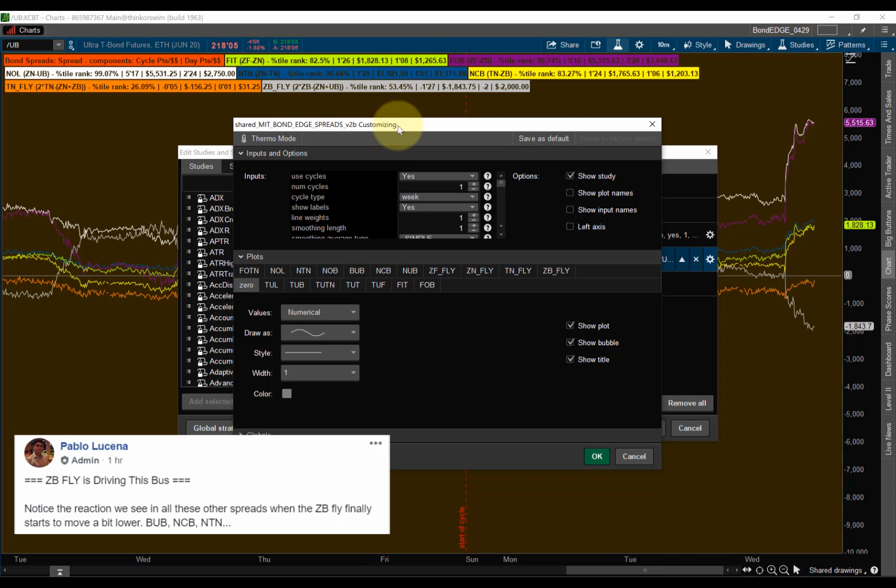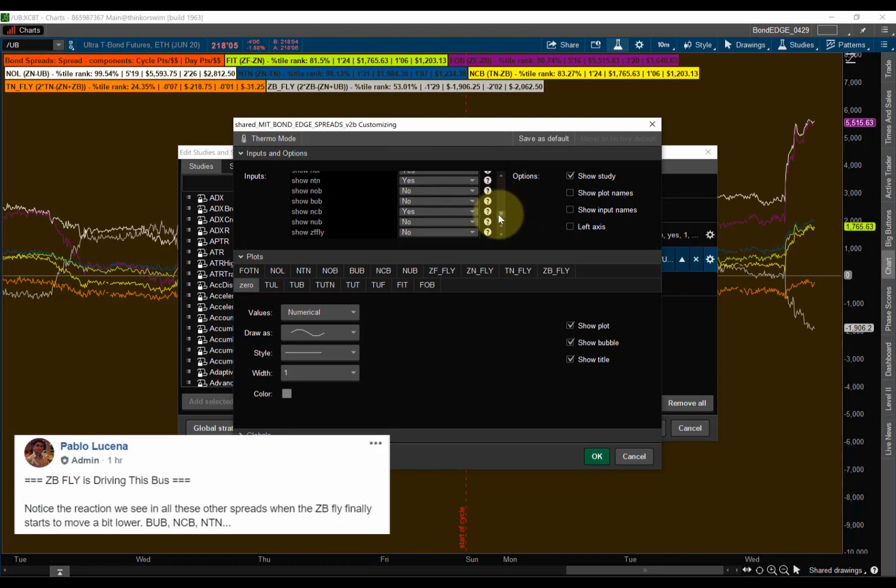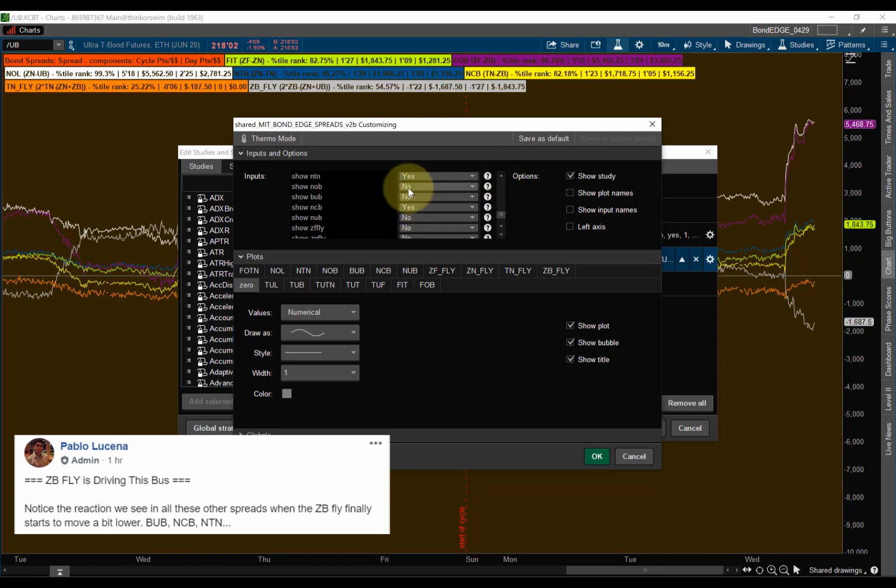Notice the reaction we see in all these other spreads when the TN fly moves. That will take me right down here. And then we're going to look at the BUB, NCB, and the NTN. NCB, we're going to keep. NTN.